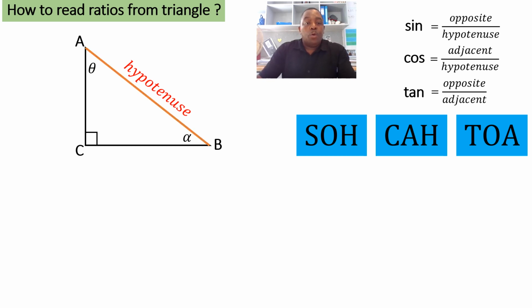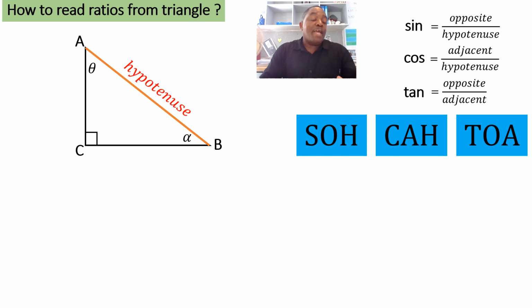Now, when we look at the other two sides, BC and AC, they will alternate between opposite and adjacent, meaning they can either be called opposite or called adjacent. There's no side that is sitting there like the hypotenuse that is the only side called opposite or adjacent.